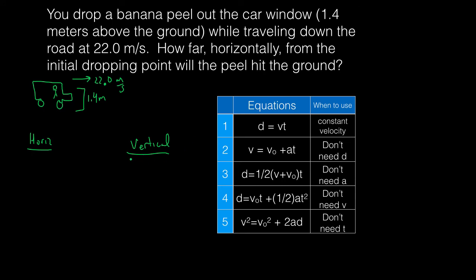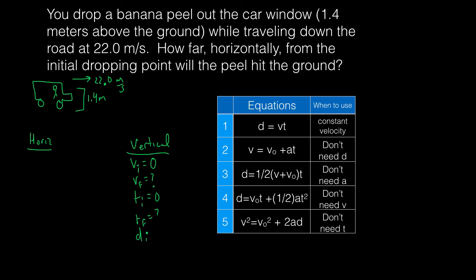Vertically, we were dropping it, so our initial velocity of that banana peel, vertically at least, was 0 meters per second. The final velocity, we don't know how fast it's going. It didn't tell us. Time initial is always 0, and time final, it didn't tell us.